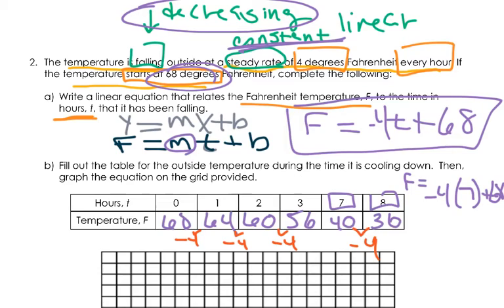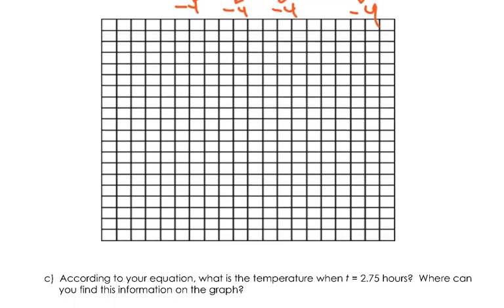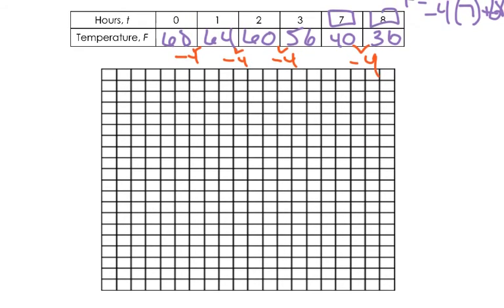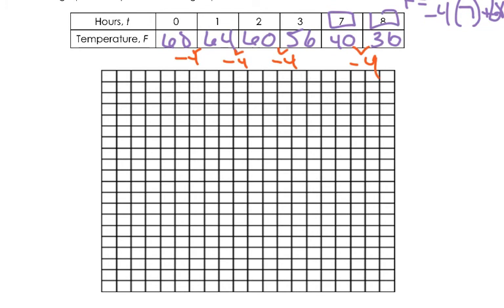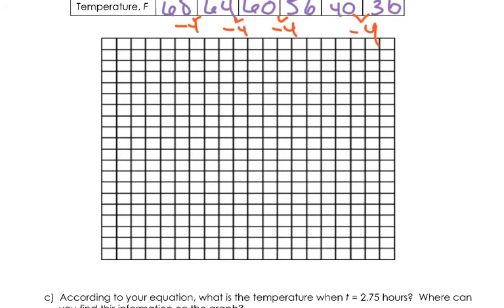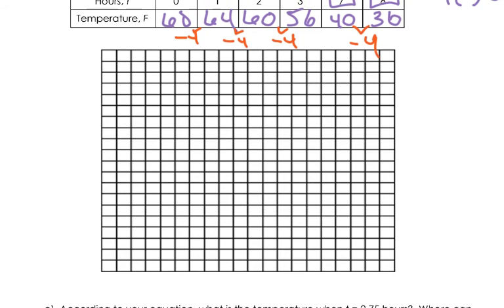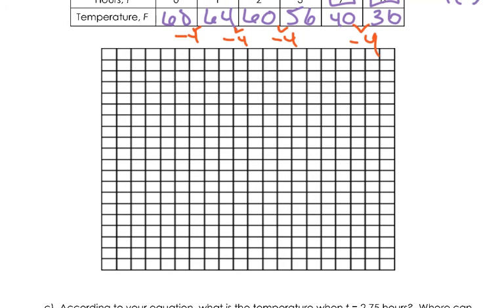All right, now I have my table. And I'm going to go here. Okay, I'm just going to go a little bit like this for right now. So they give me a blank grid.